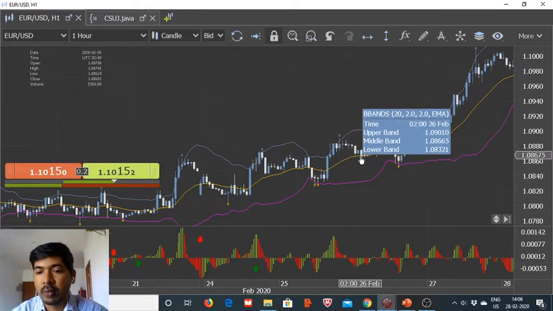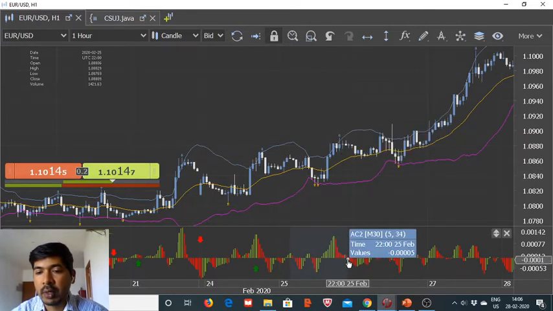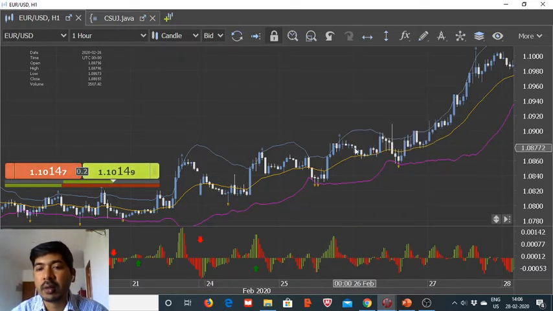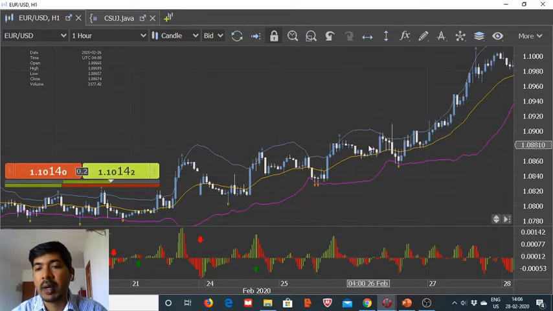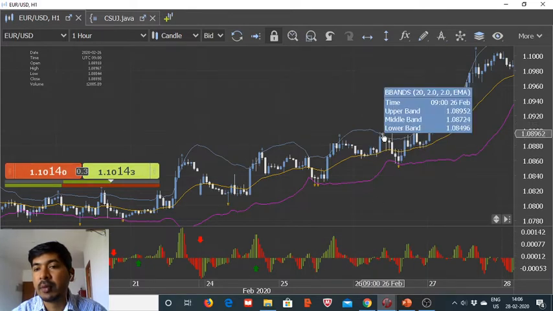And here also on 22 GMT, the price is somewhere here, but no sell trade will be generated. And once the price tries to pick up, a buy trade will be generated here.